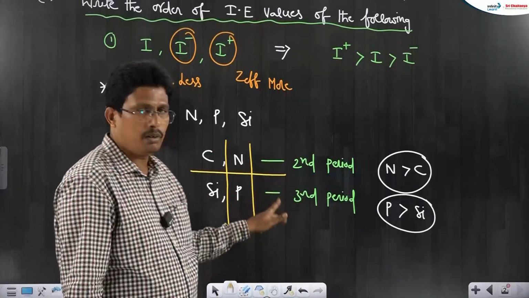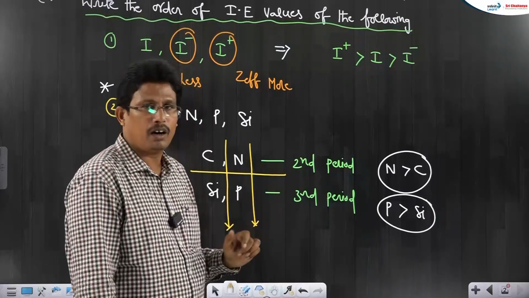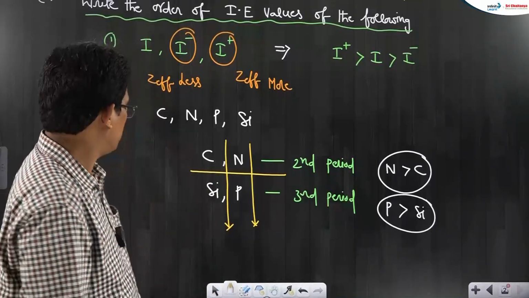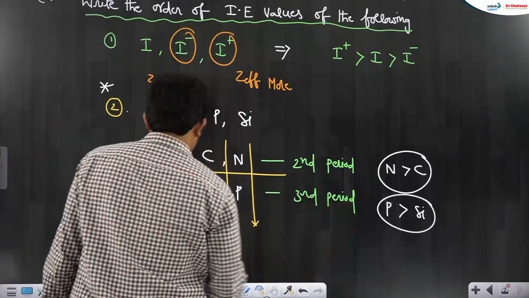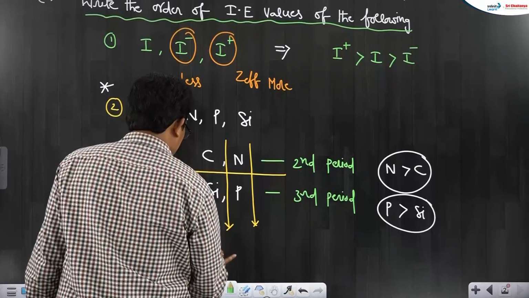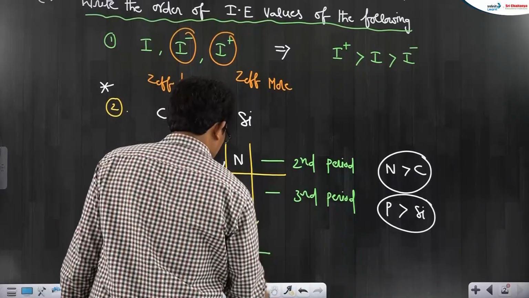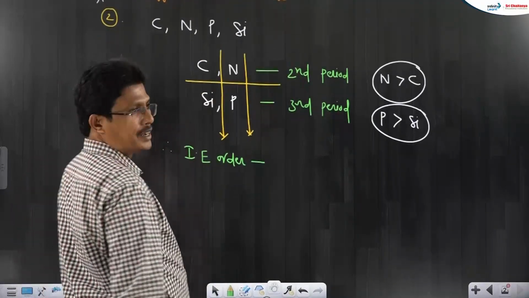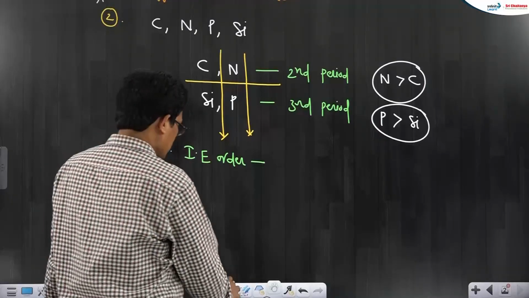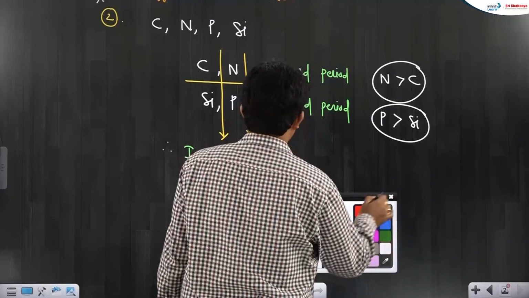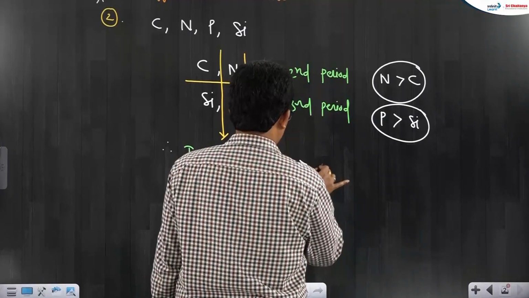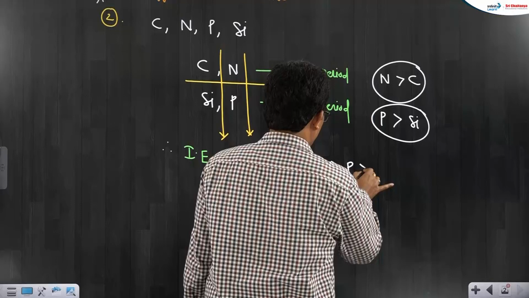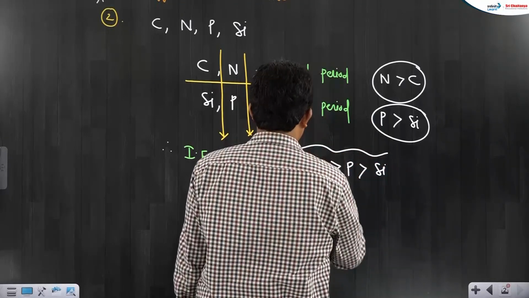Among second and third period elements, second period elements have more ionization energies due to their small size. Therefore, the ionization energy order is: first highest value for nitrogen, next carbon, after that phosphorus, and least for silicon.